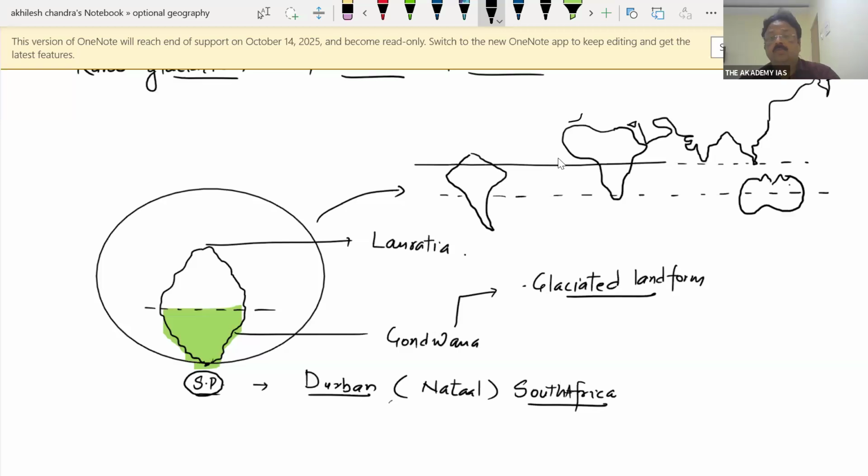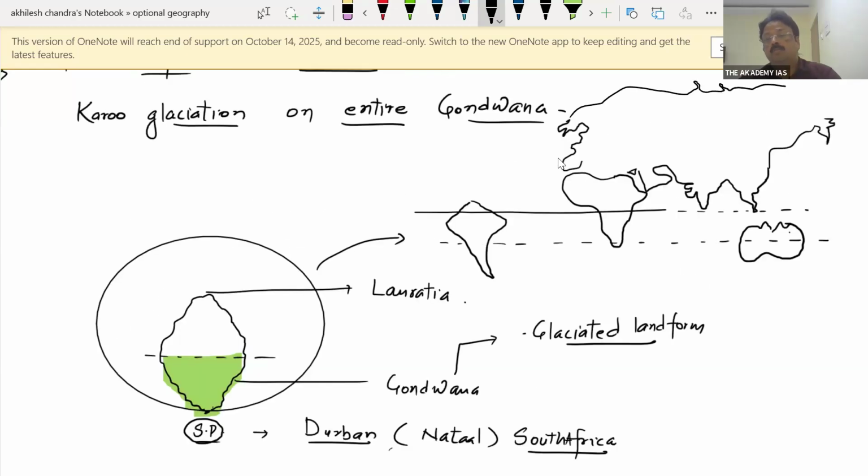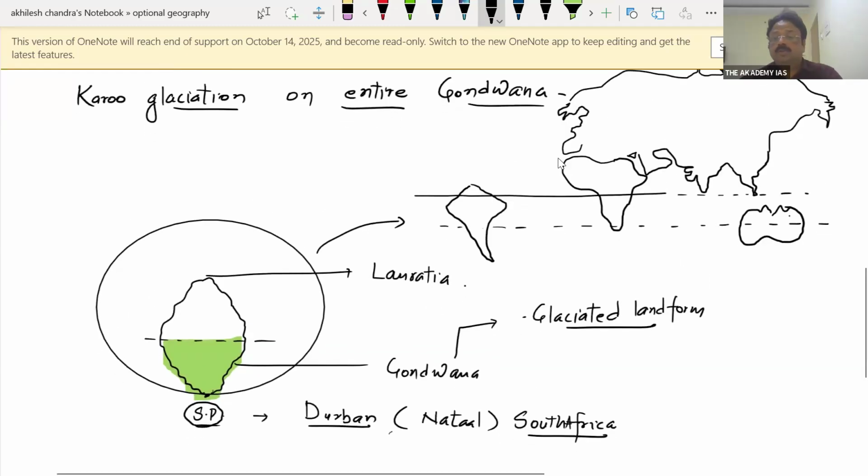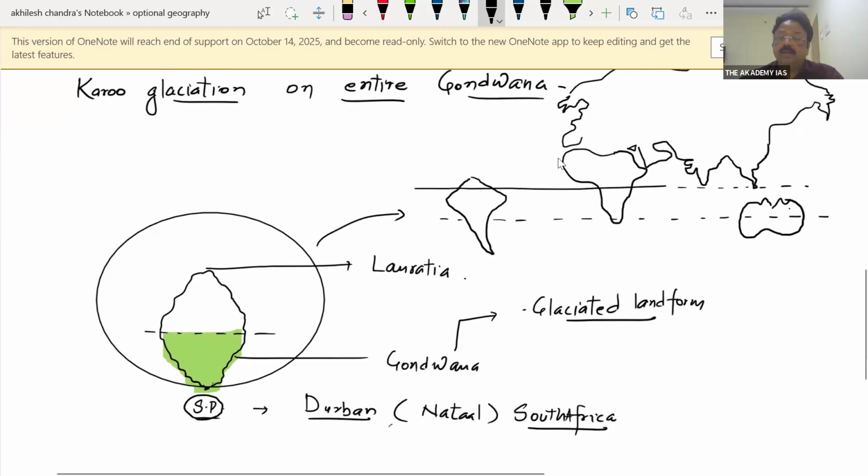This is the present. Okay, so this is the present situation. Earlier, it was near the South Pole. This is the South Pole. And from here, the drift was like this.